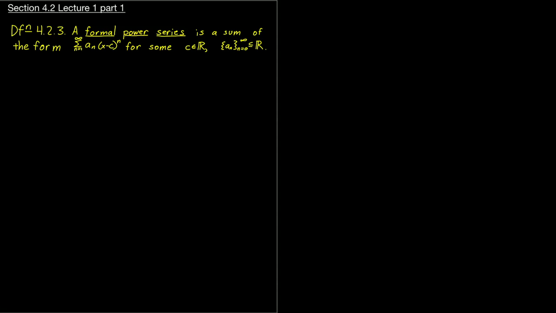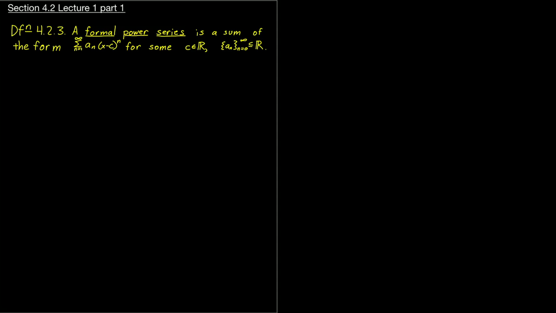The formal power series is really the sequence of coefficients plus the base point c. The x to the n's or the x minus c to the n's, you can think of them as just clothespins on which you're hanging the numbers an. So you can write down a formal power series for any sequence of numbers you want. Sometimes that gives you an interesting function and sometimes it doesn't. We'll talk about that a little bit later.